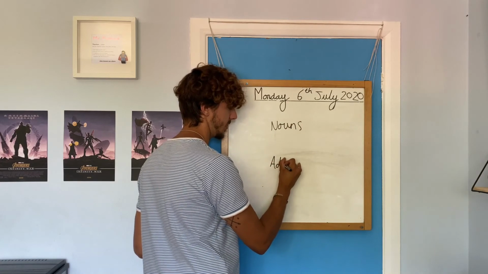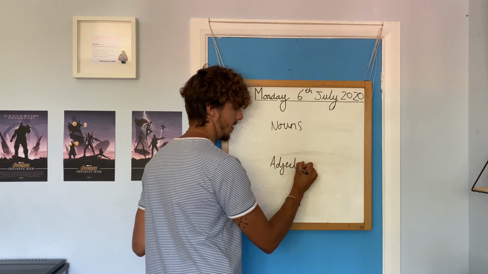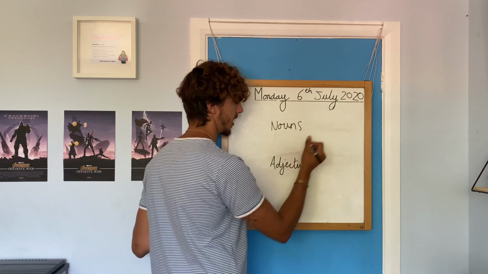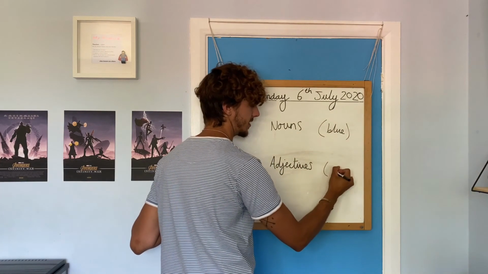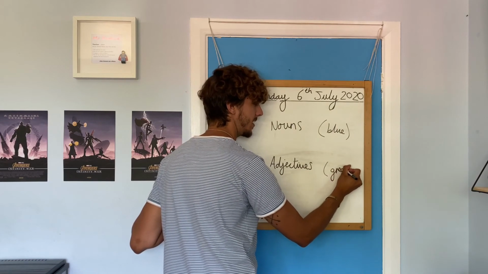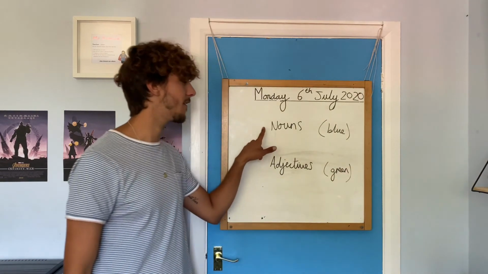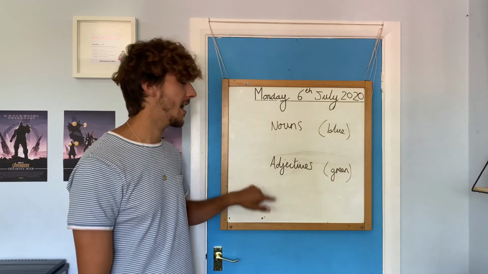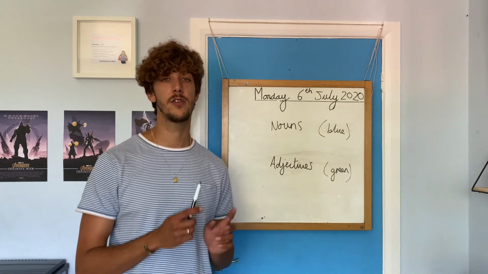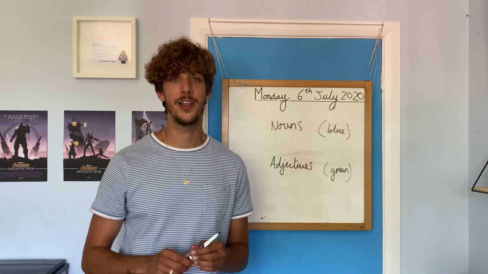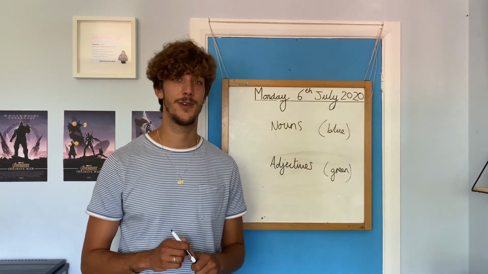So for example, you might want to colour in your nouns in blue, and you might want to colour your adjectives in green. It doesn't matter how you highlight it, as long as we are finding those nouns and those adjectives. All right, so have a go at that, and then you can come back to review our learning objectives at the end.